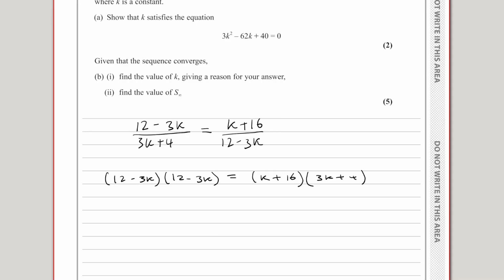Then we're just going to expand and simplify, which will get us to 144 minus 36k minus another 36k, which would be 72k, plus 9k squared. And that was equal to 3k squared plus 4k plus 3 16ths, 48k, plus 4 16ths, 64. And then we'll make it equal to 0. So take 3k squared away from both sides, which is 6k squared.